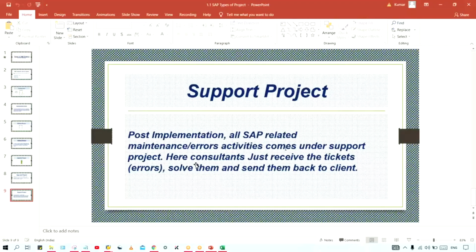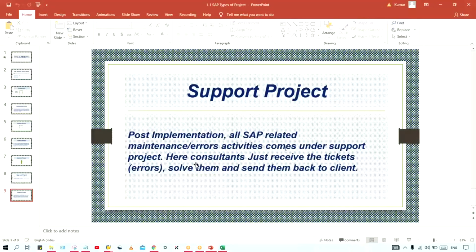So after implementations, they need support also. That is called support project. Okay, and support project is called continuous project. Continuous means this is called never ending project, right? Until Tata Motor is going to use this SAP, they must have to take support from somewhere.